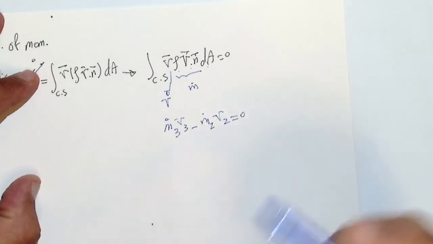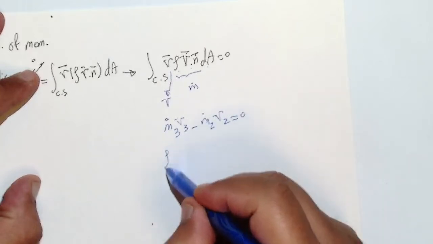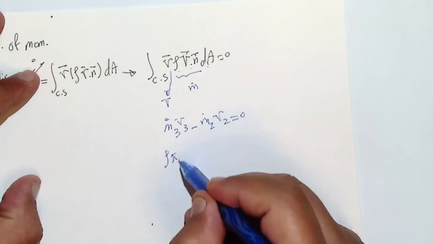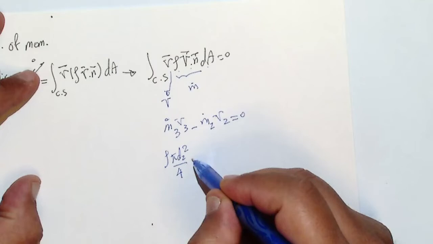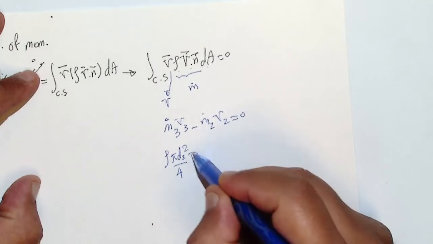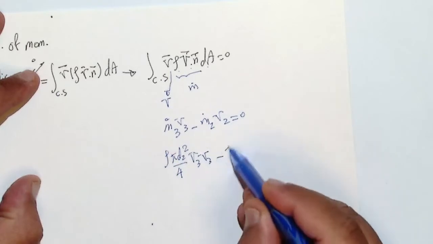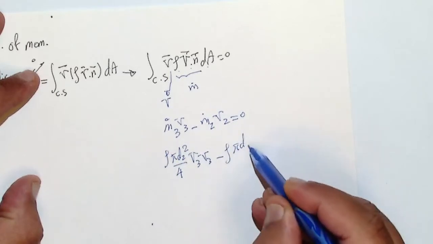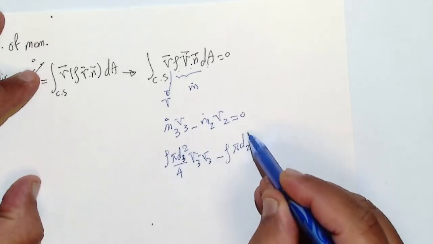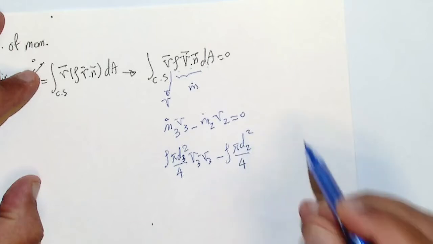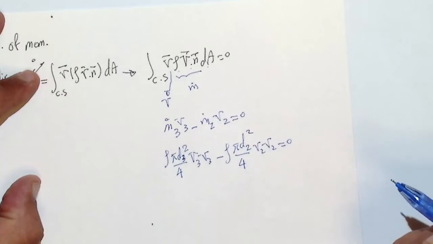This is going to be your second equation, and if you rewrite it, rho pi d3 squared over 4 times V3, also you have another V3 here, minus rho pi d2 squared over 4 and V2, is equal to 0, right?